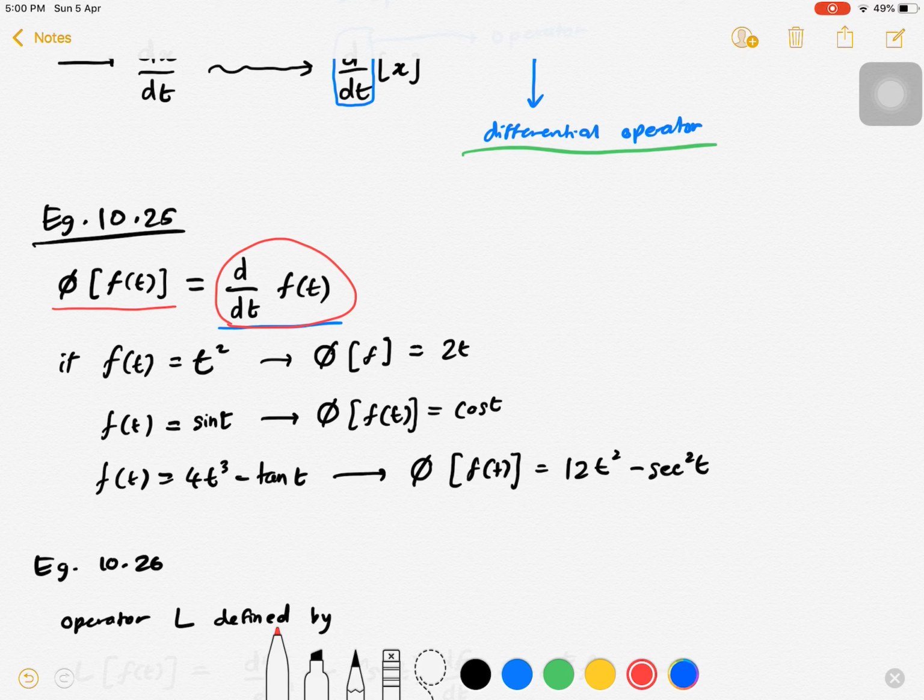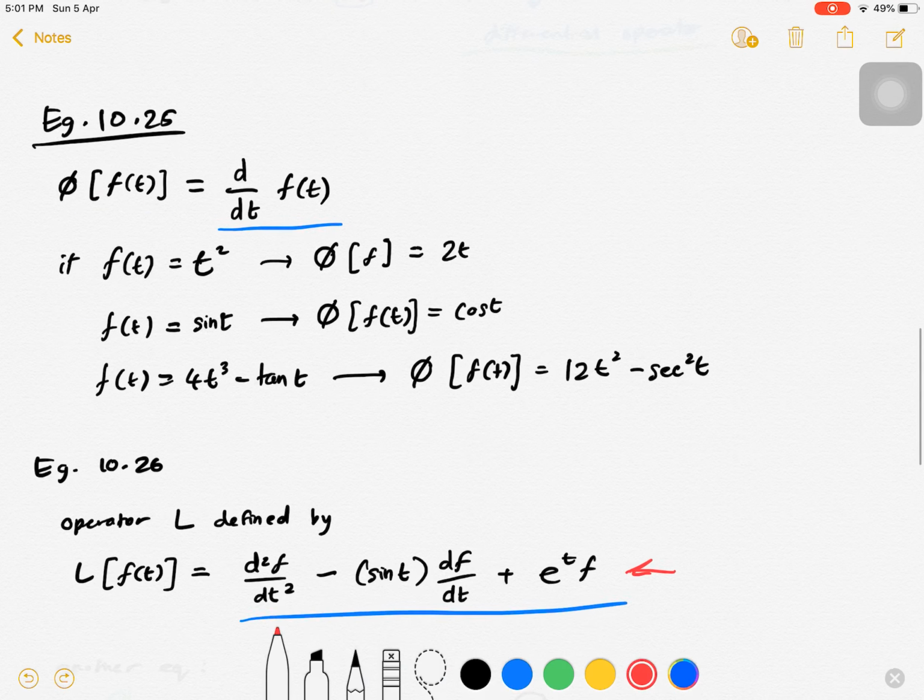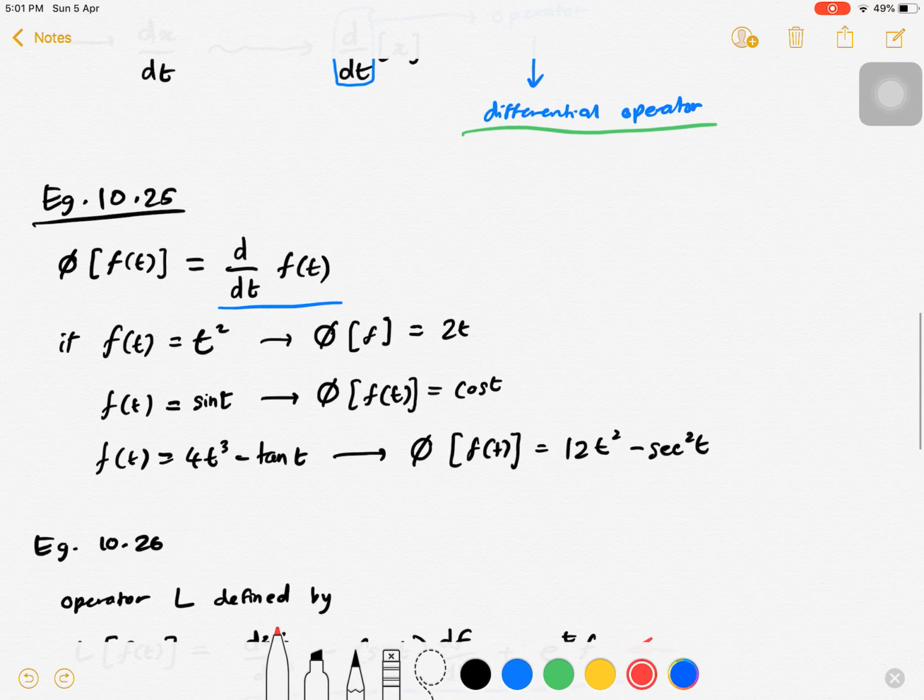So we call this operator a differential operator. Okay, because it differentiates any function going through the operator. So it differentiates the f function right here with respect to t. Okay. So simple.